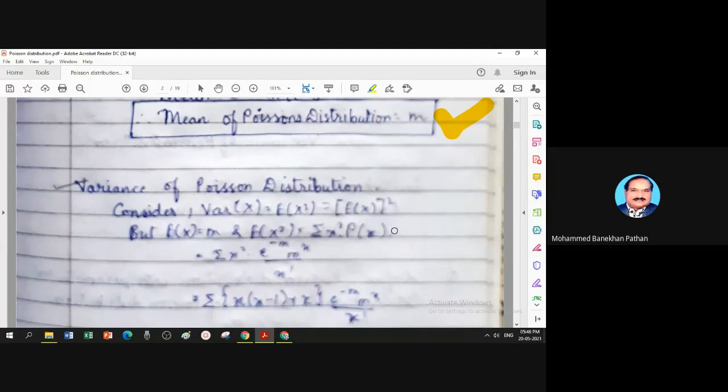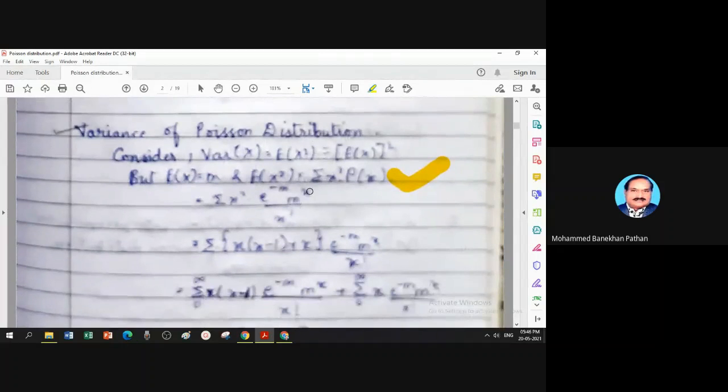So this is the definition of expected value of x square. Next line: summation, x square as it is, Poisson formula, e raised to minus m, m raised to x by factorial x.